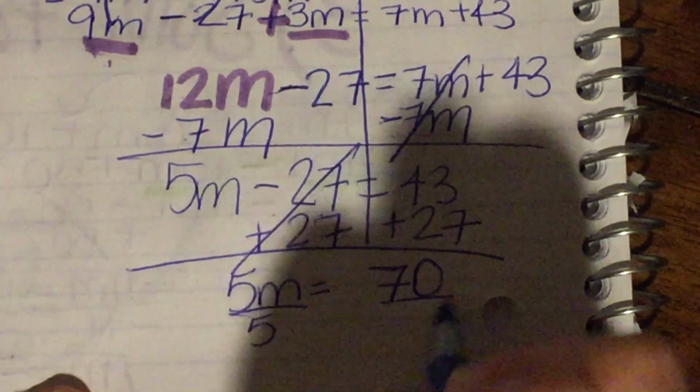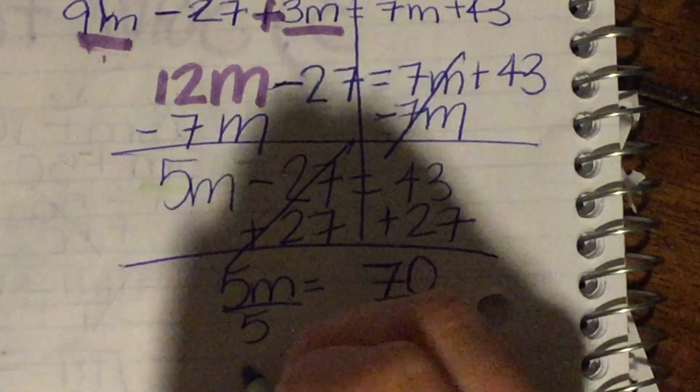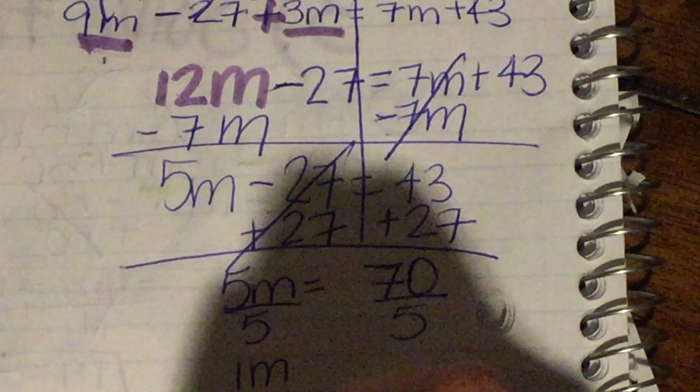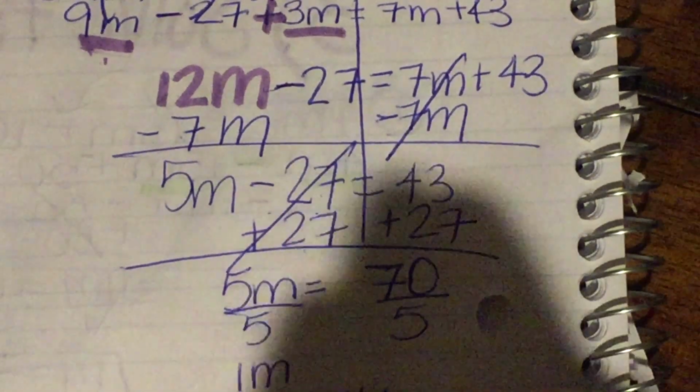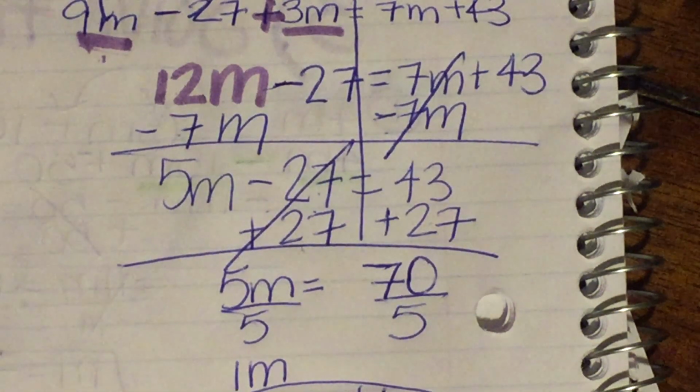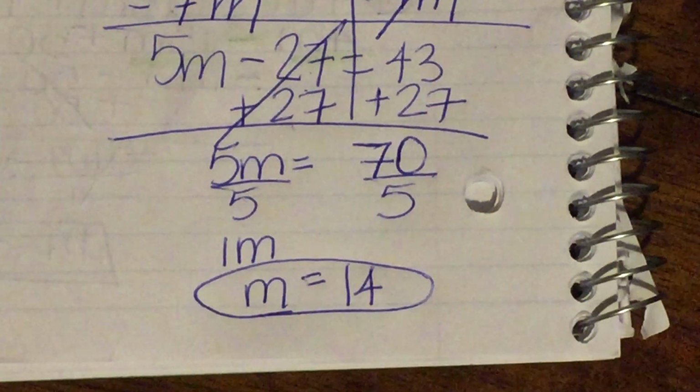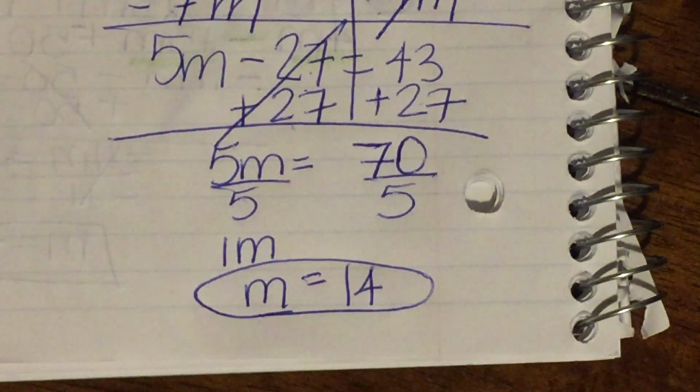When you divide by 5 on both sides, this becomes 1m, or you can write it as just m, equals 14. The most important thing you can do is follow the 4 steps included.